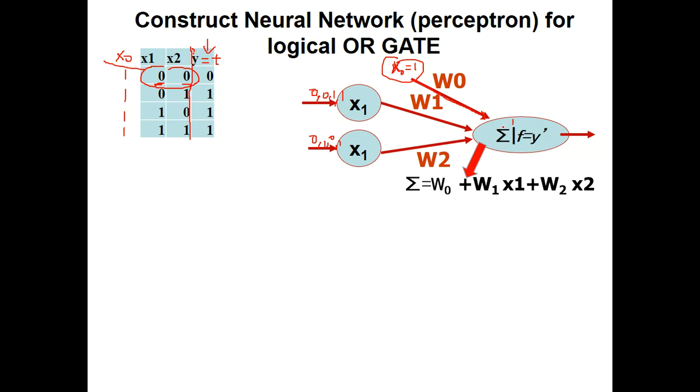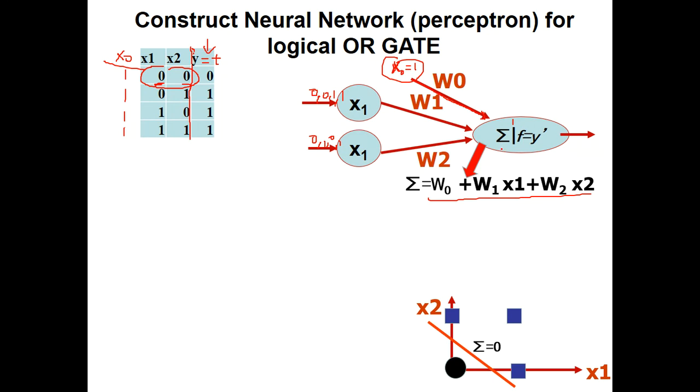Coming to this neuron, the first part is taking the weighted sum of input, like this. And the second part, f. Before going to the second part, finally, after constructing the model, our purpose is to find out the model like this. Here, we have 4 samples, 1, 2, 3, 4. So in this diagram, the 4 dots are there, 1 is a circle, 3 are squares.